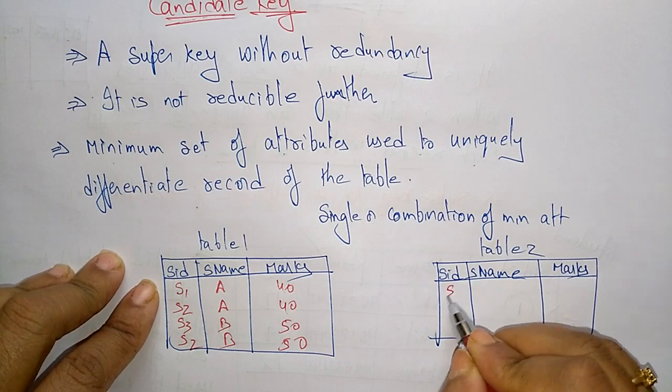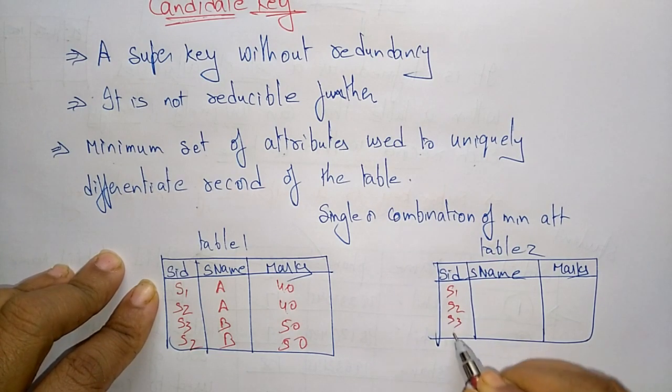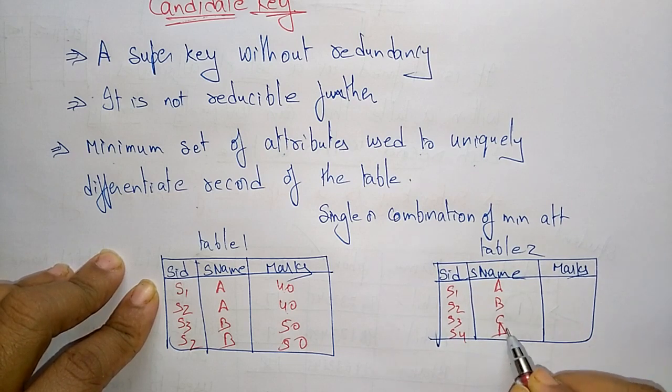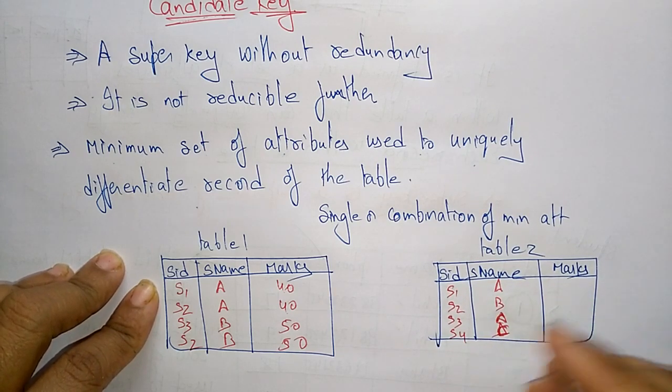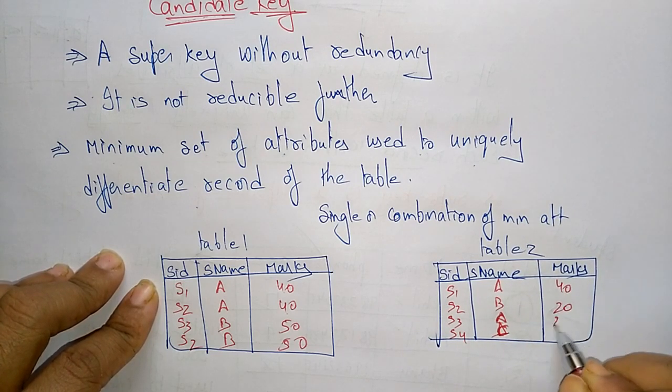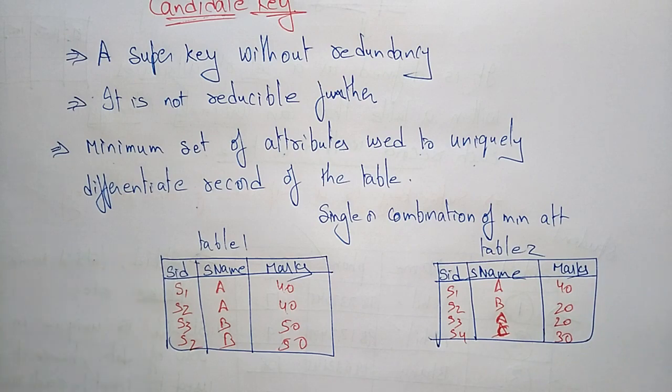For table 2: S1, S2, S3, S4, names A, B, C, and again A, C, marks 40, 20, 20, 30. Here I am taking redundant data.